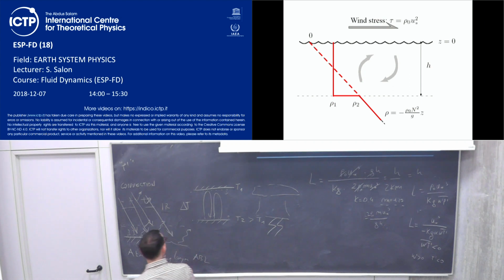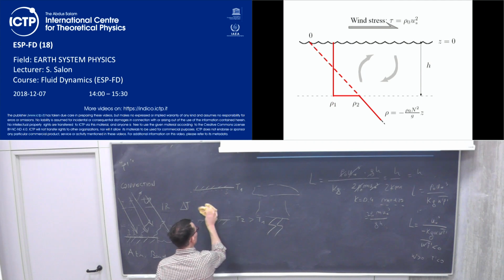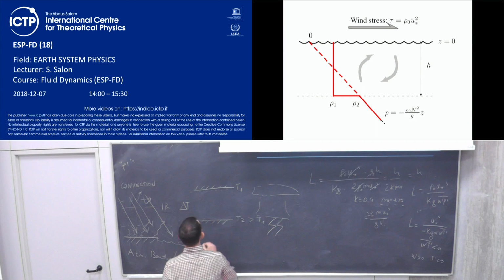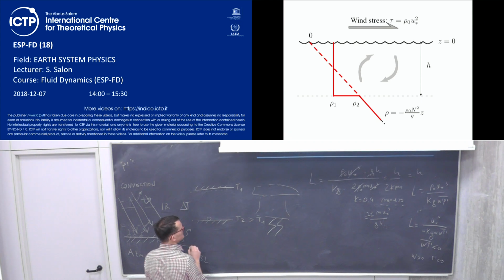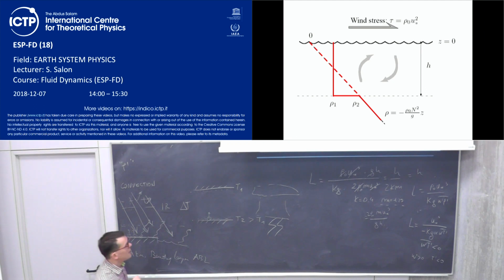Okay, so if we consider again this situation, we can make one more consideration, and consider that the movement of a warm parcel from here to here can be in some sense retarded by two effects. One is the viscosity, and the other one is the diffusivity.